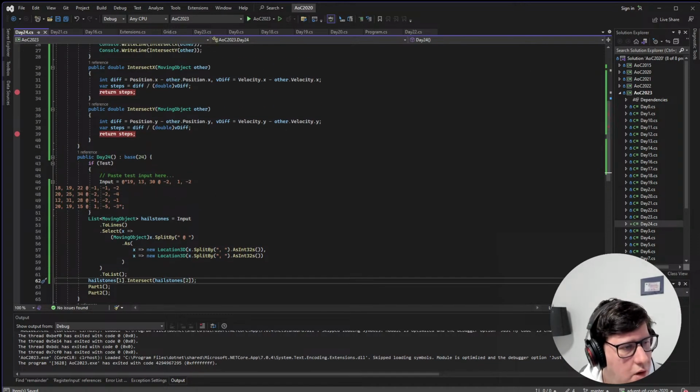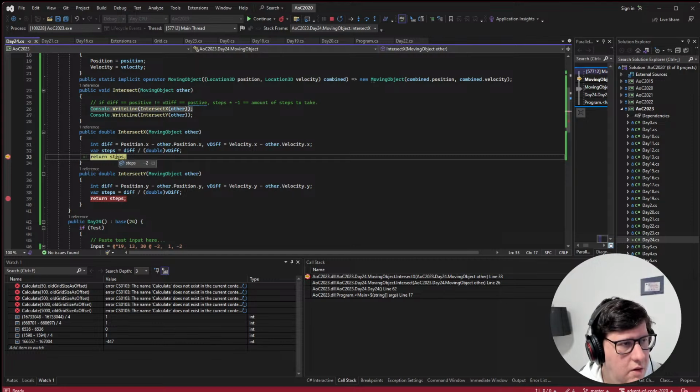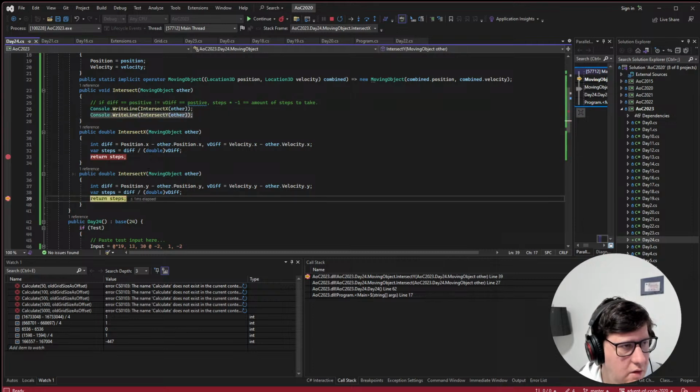Minus 2, 1. So this one will intersect. This one will be minus 6 and 1. That is interesting.